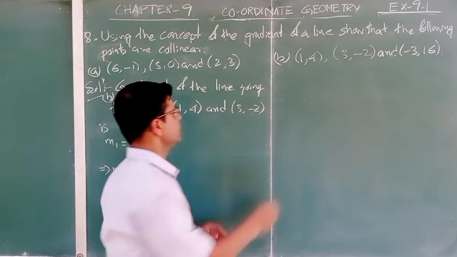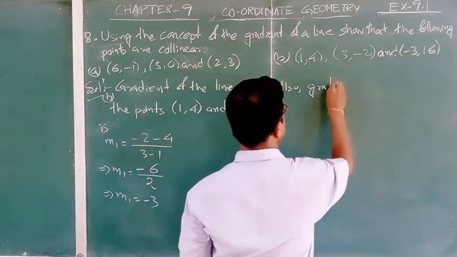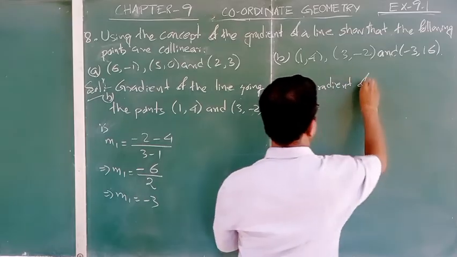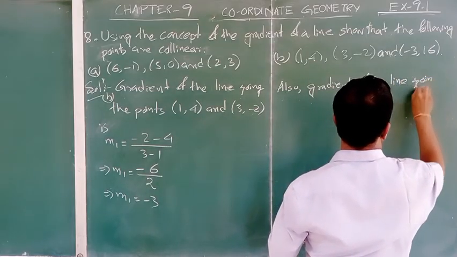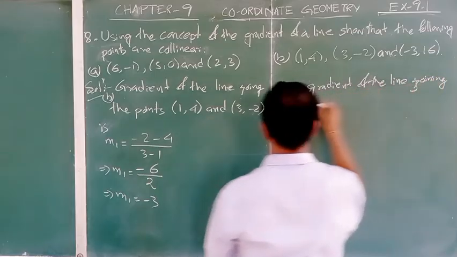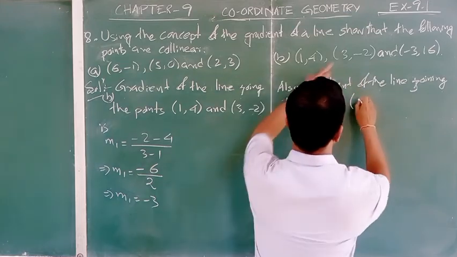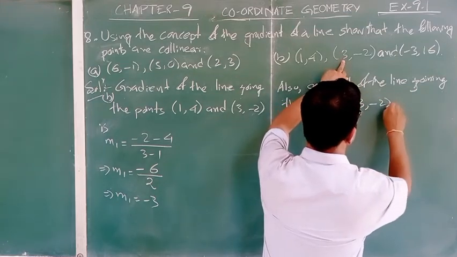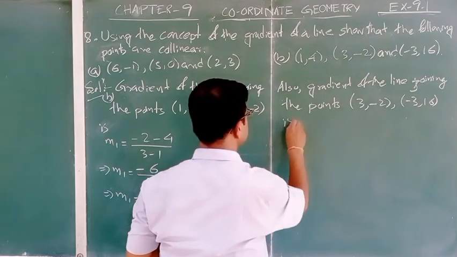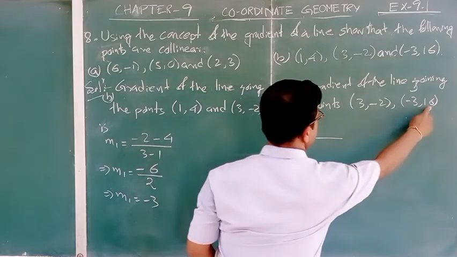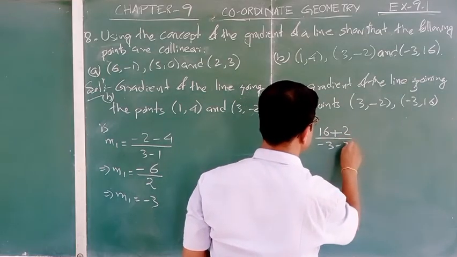Let us find for the second one. The gradient of the line joining the points. What are the points? Let us take these two points, 3, -2 and -3, 16. Suppose this is m2. 16 minus of minus 2, that is plus 2, over -3 minus 3.